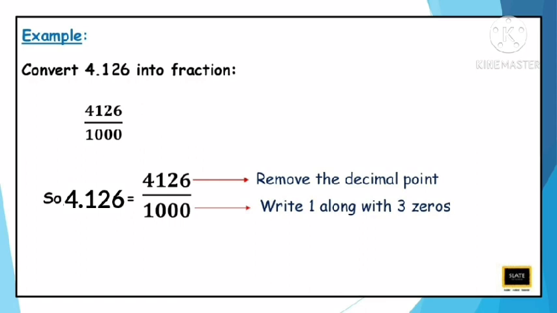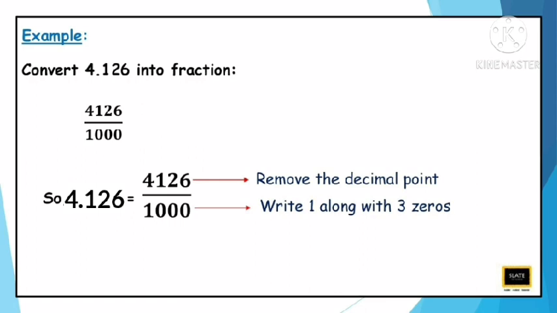4.126 into fraction. Yes, as per the first step, what we need to do? We will remove that decimal point and write the whole number as the numerator. So when you remove the decimal point, you get it as 4126, which is your numerator. Now in the denominator, write 1 and it should be followed by how many zeros?